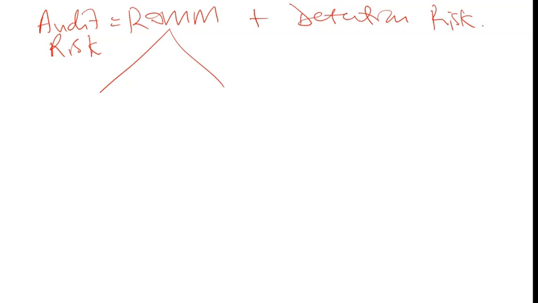Risk of material misstatement has got two risks included in it. We have what is called inherent risk, and then control risk. We know this from our paper F8, our paper AA. The audit risk was examined there, and it is also examined in paper AAA.